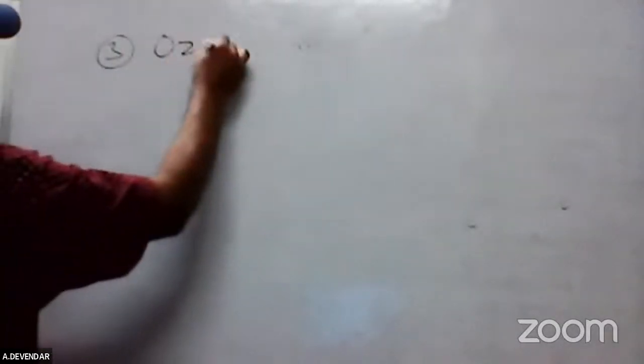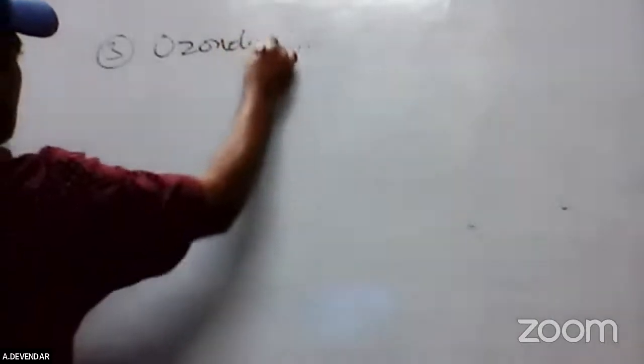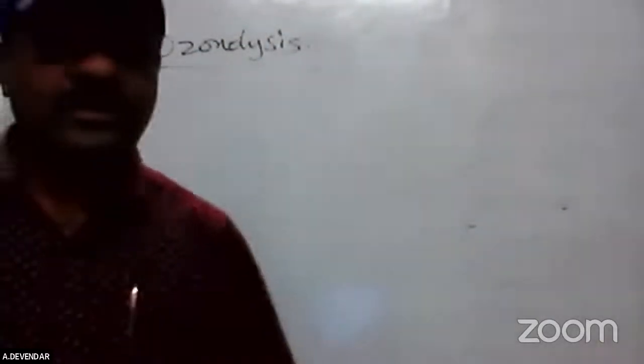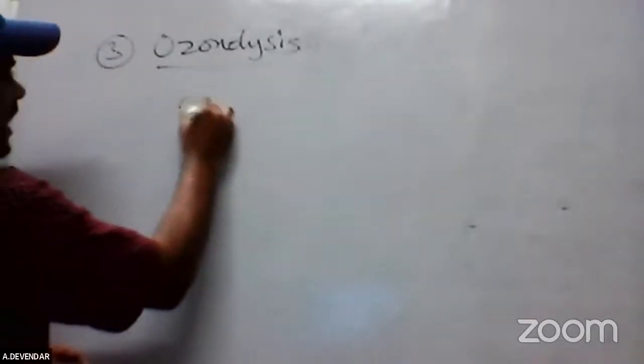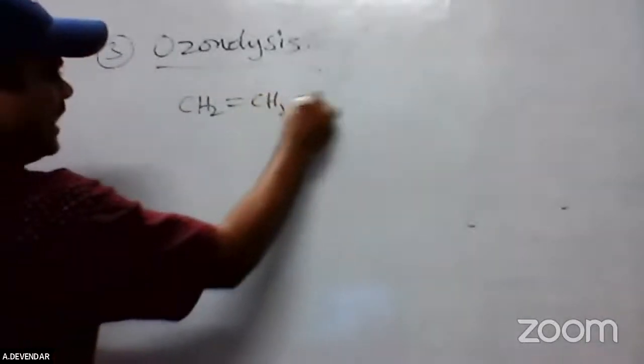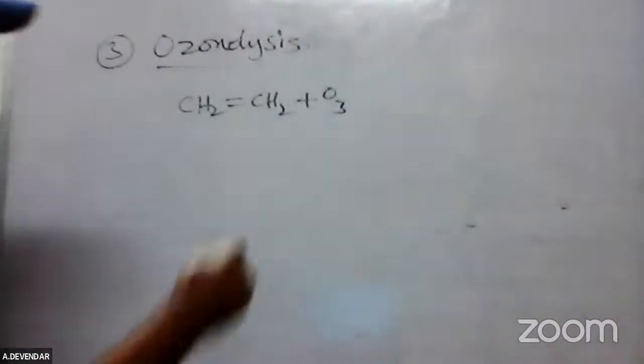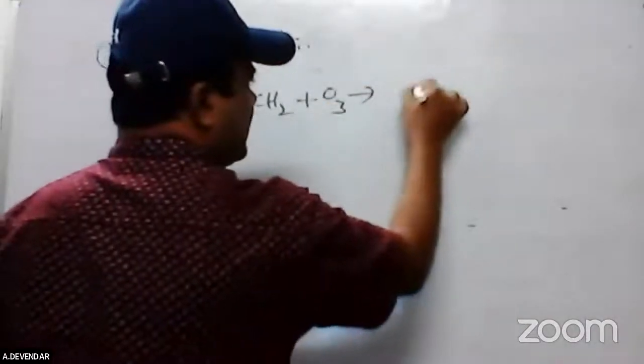Now you see that one. Next one is ozonolysis. Sometimes they ask the property of ozonolysis. Ozonolysis means what? Addition of ozone. When alkene, which has a double bond, is reacted with ozone, a simple ozonide is formed.